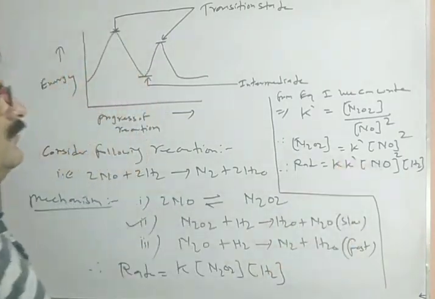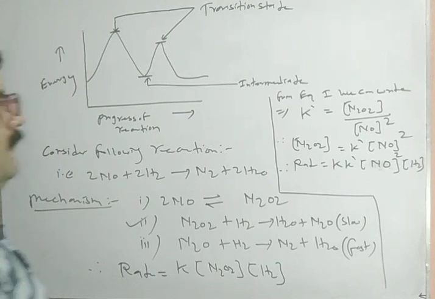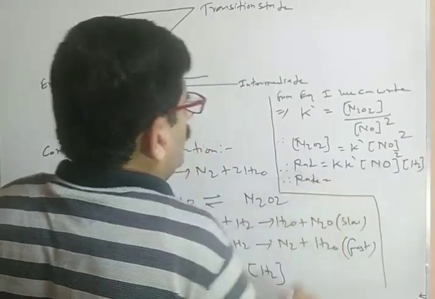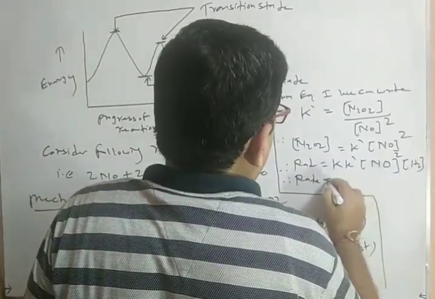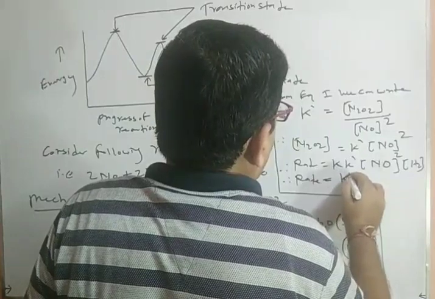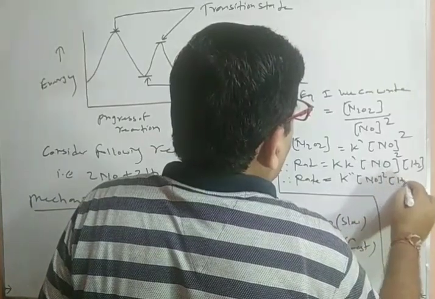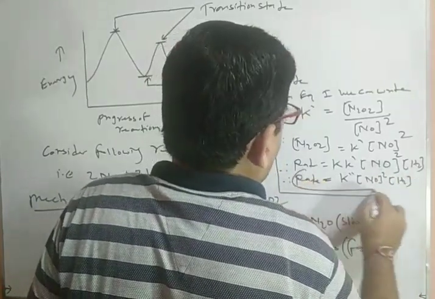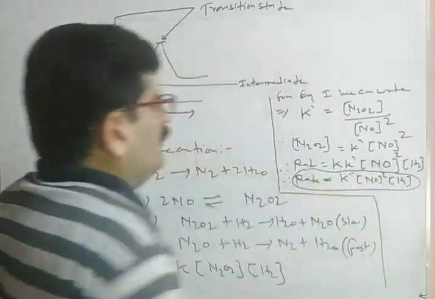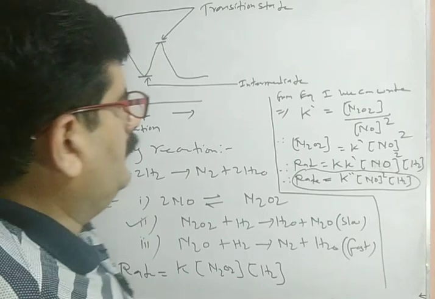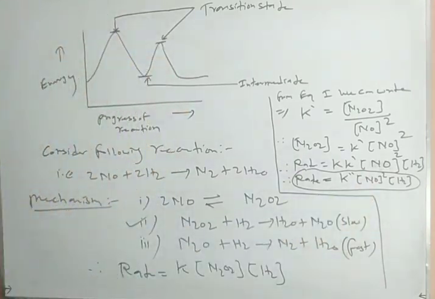K and K dash are called what? Constant. Therefore rate is equal to K double dash NO square S2. K double dash is new constant. So from this relation it is clear the derived rate law is agree with experimental rate law.